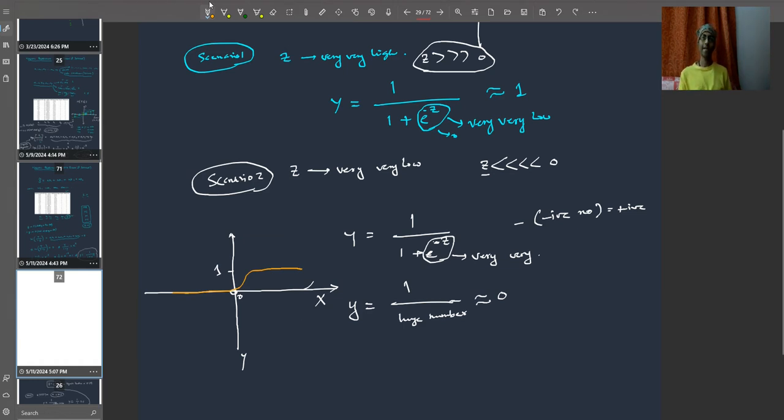When z becomes very negative, it remains within 0. And when it becomes highly positive, it remains within 1. So the entire story is that it remains within 1 and 0. This is the magic of the sigmoid function, which enables us to do classification through logistic regression.